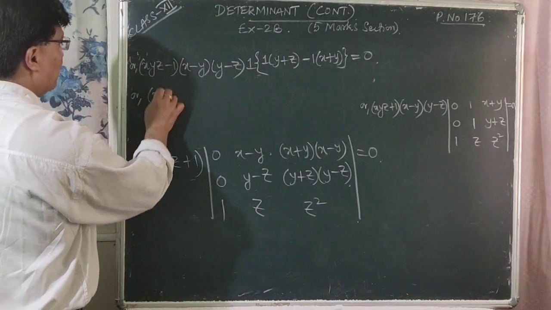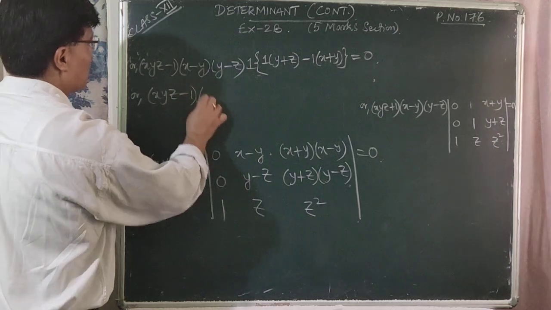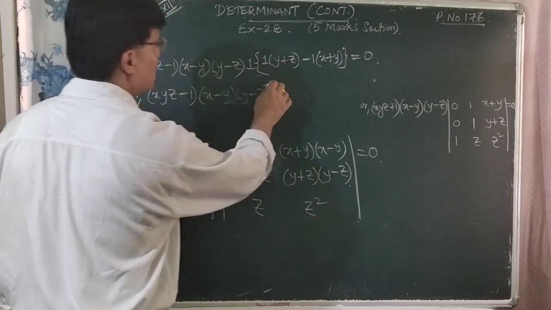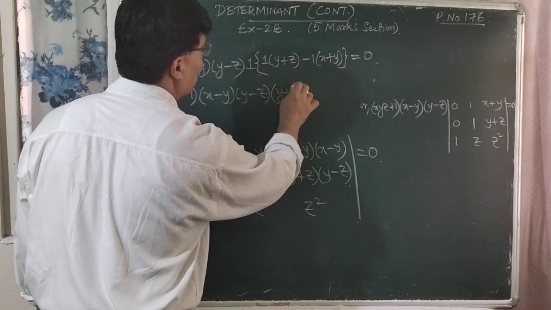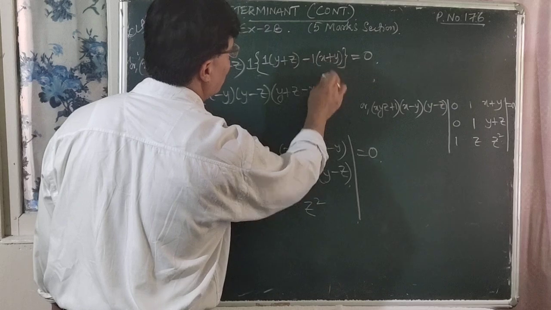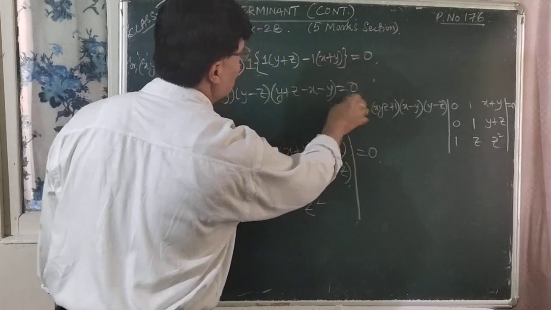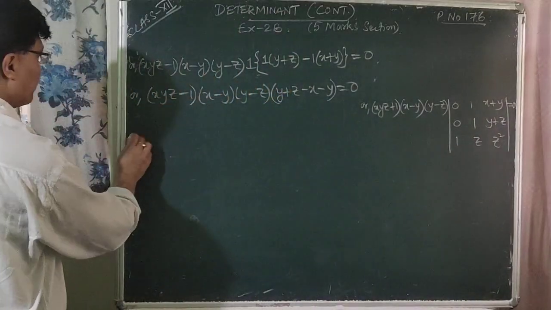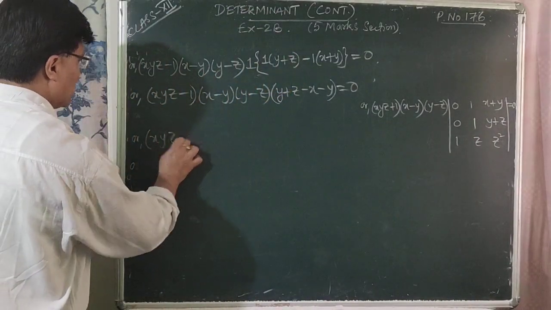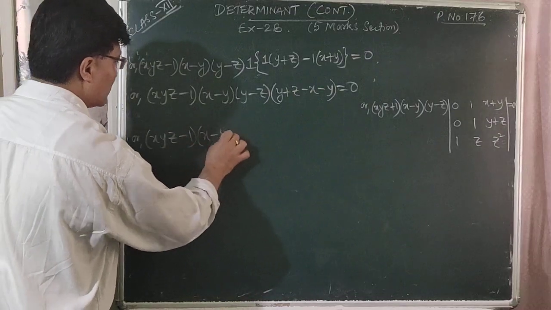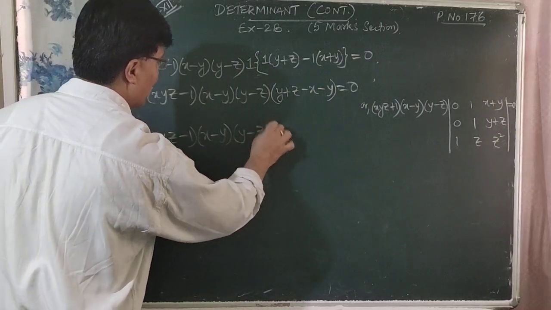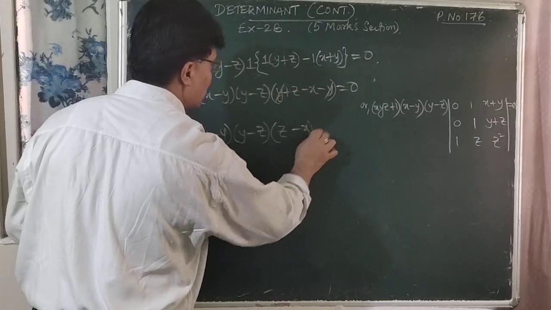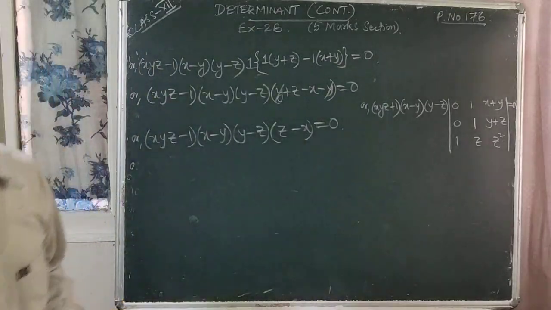So xyz plus 1, x minus y, y minus z. Let us simplify it, y plus z minus x minus y, which is equal to 0. Now next, xyz plus 1 into x minus y into y minus z into, y gets cancelled, z minus x, which is equal to 0.